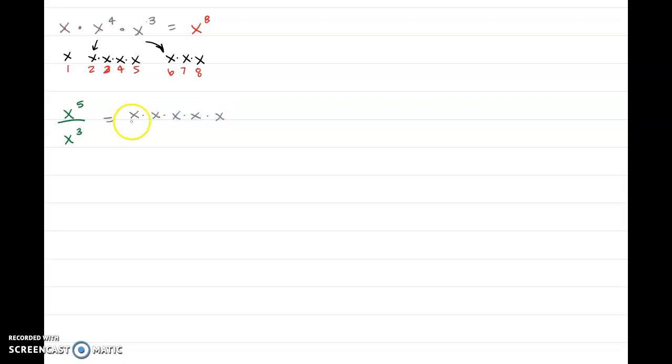But generally, we're going to end up with less x's than when we started, when we are dividing x's. So I have 5 x's on the top of the fraction and 3 x's on the bottom. If I have an x on top, it will cancel out the x on the bottom. So notice 3 of the 5 x's on the top canceled out. So this is x, and then 2, so x squared.